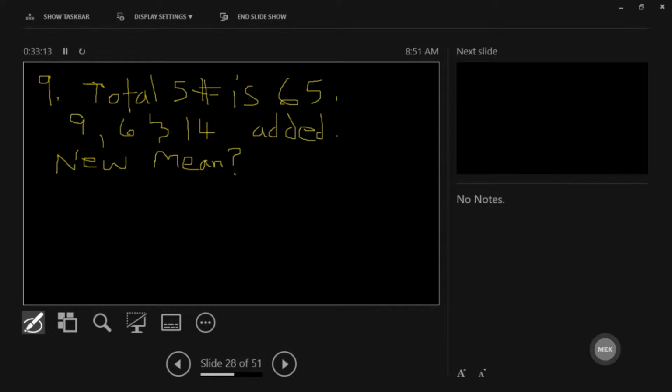Where are my other scholars? Where are your answers? Sajarta says 109 is the new mean. So Najaro is starting out by adding 9 plus 6 plus 14, and he gets 29.